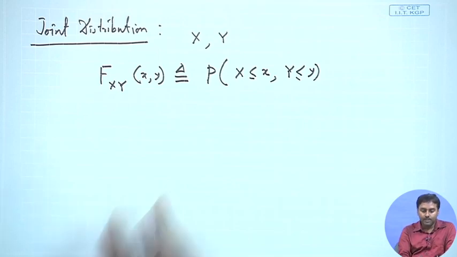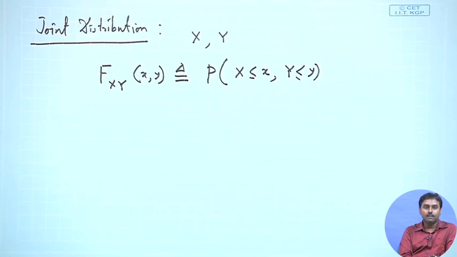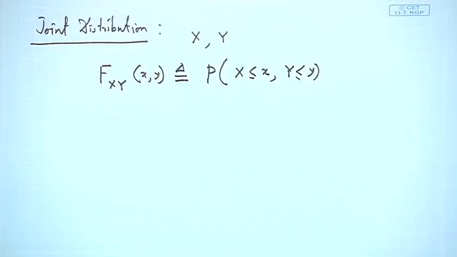Whenever we talk about joint CDF, there are two underlying random variables, and when we specify the joint CDF with two inputs x and y, we are saying it is the probability that capital X is less than or equal to the specified x, and the other variable capital Y is less than or equal to this particular y. If we calculate the overall probability with which this phenomenon occurs, then we get this one.